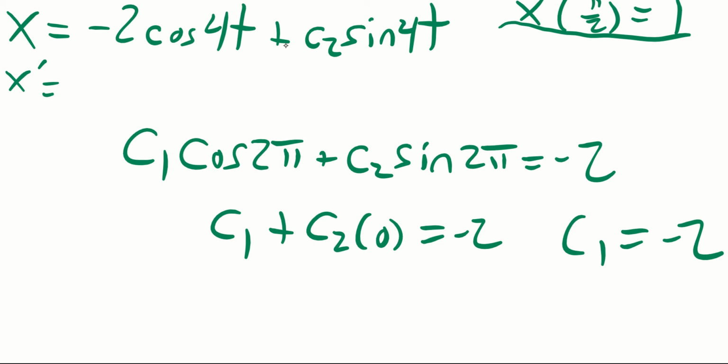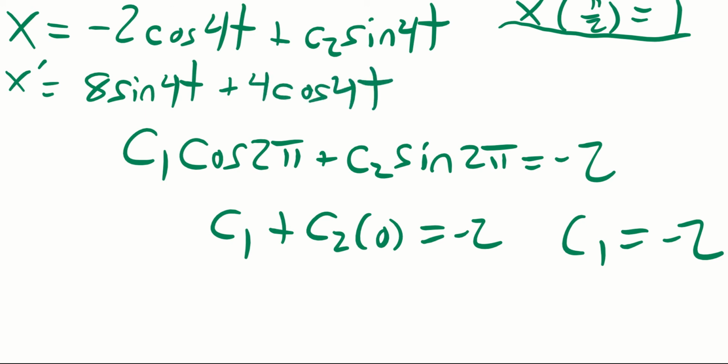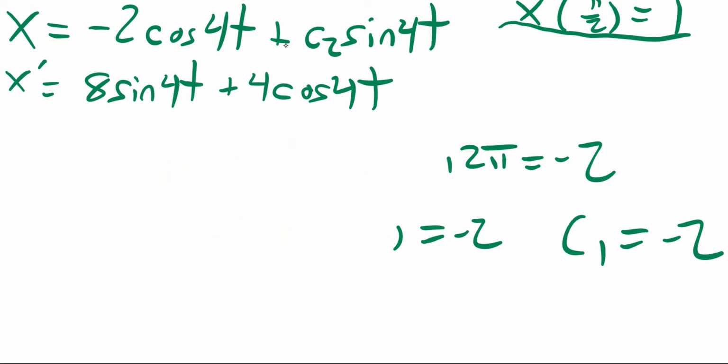Derivative of cosine is negative sine, and from the chain rule a 4 comes out as a multiplying factor. So this is going to end up being 8 sine 4t for the derivative. Here we're going to get plus derivative of sine is cosine. You're also going to have a chain rule, so we have a factor of 4 coming out. We get this.